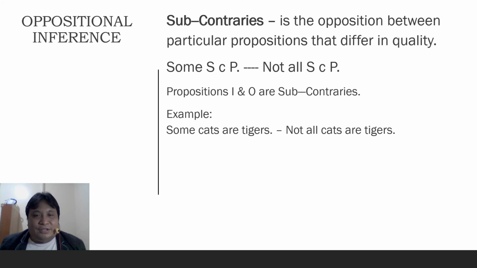Some S copula P to not all S copula P, or not all S copula P to some S copula P. So some cats are tigers. The subcontrary: not all cats are tigers. So that is subcontraries.